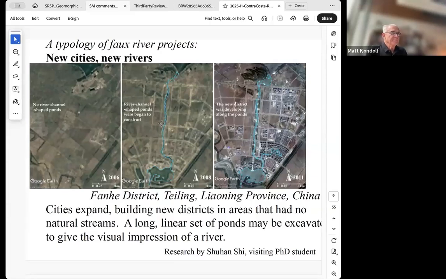And the way they would typically expand is they would build a new district. And here's an example of the city of Tiling. They were creating this new district, the Fanhe district. And most cities in China want to qualify as what's called a landscape garden city.